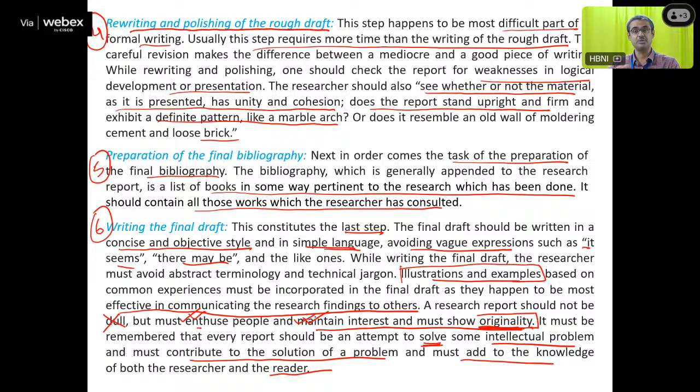And it should be continuous and linking so that it is good for the scientific community who are reading, going through this, and they are enthusiastic to read it and maintain interest in it and start research in that area, right? If it is original. So this is how you should write your report.